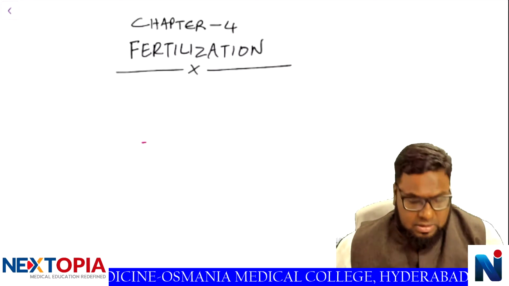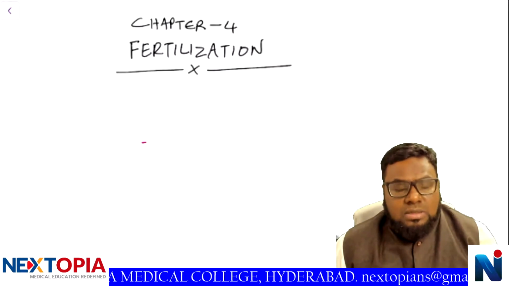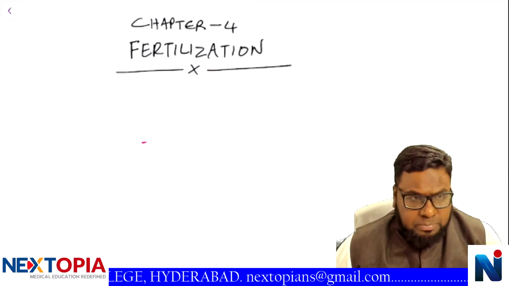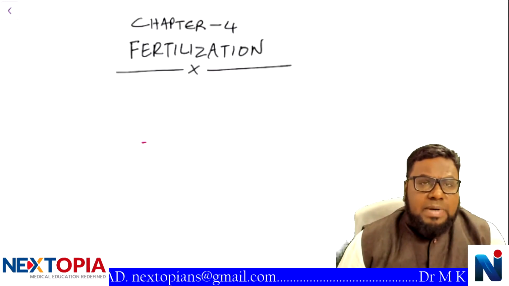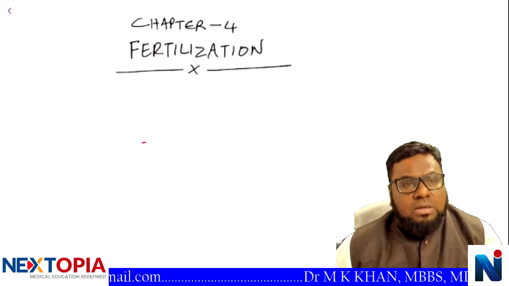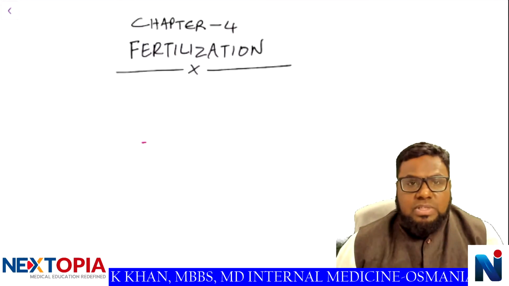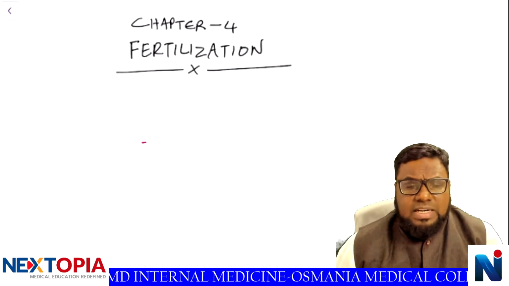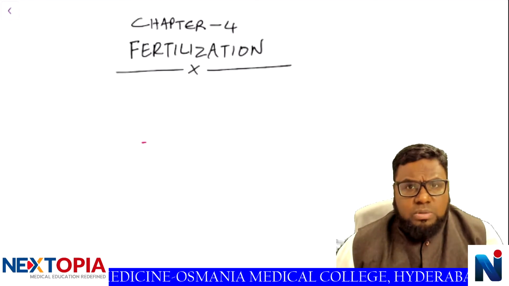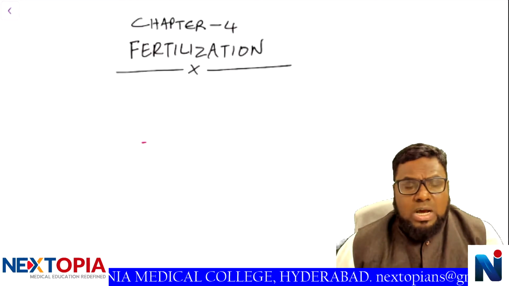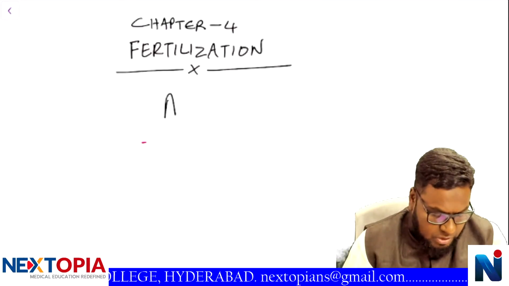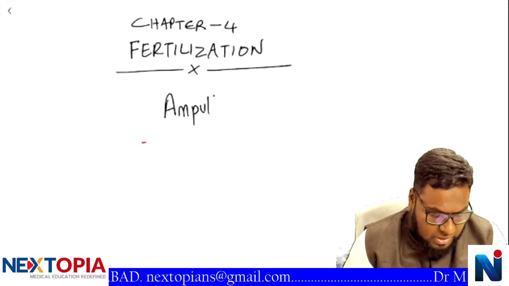Let me summarize the points which we are going to study today. First important aspect is we'll talk about fertilization. Fertilization takes place in the fallopian tube of the uterus. Fertilization of the ovum occurs in the ampulla of the fallopian tube. Ampulla is a part of the fallopian tube.